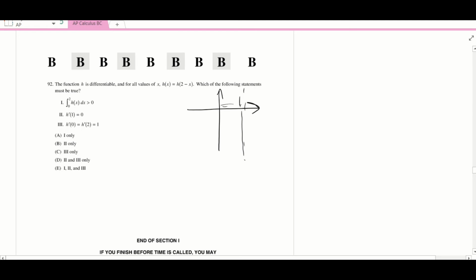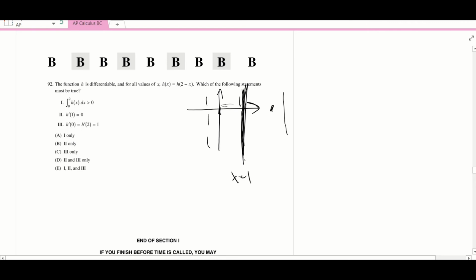Because h of 0 would be equal to h of 2, right? So this is flipped over, and h of negative 1, for example, is equal to h of 3, right? And this is also flipped over here. So it's mirrored over x equals 1.